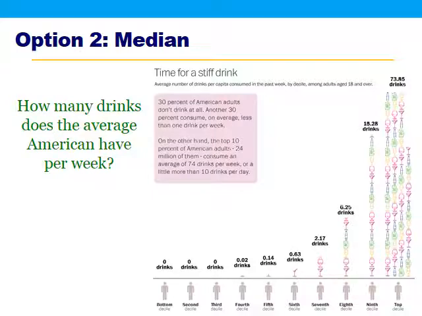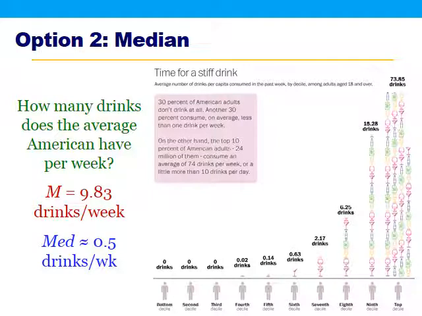If, using these numbers, we were to calculate the mean, we would say that the average American drinks about 10 drinks a week, 9.83 drinks per week. But if we were to go based off of the median, the average American only has about 0.5 drinks per week. I would argue that neither of these numbers is actually a great measure of how much the average person drinks, right?